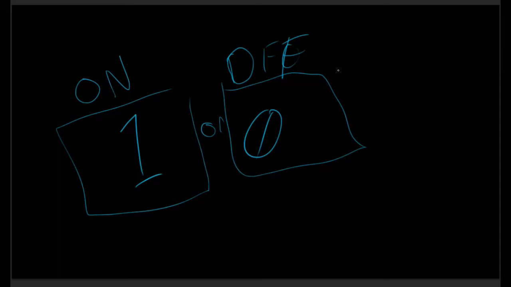It either has a value of 1, it's on, or it doesn't have a value and it's off. So the way we get a computer to finally understand things from us is we tell it, okay, computer, I'm going to give you a sequence of ones and zeros, and if it's this sequence, it means this. This is called a bit, and that's all a computer understands, a 1 or a 0.